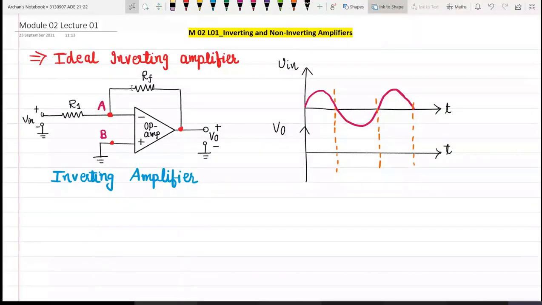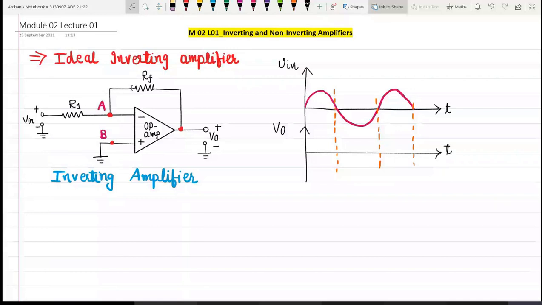What do we mean by linear applications? With the change in input, the output changes linearly. So in the first part of this module, we are going to see some linear applications of the amplifier. There are a number of applications, and we'll see each and every application one by one.